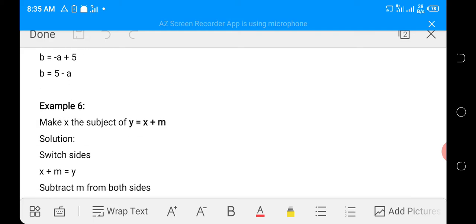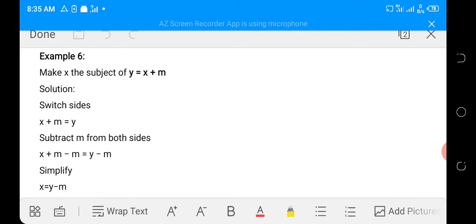Let's move to example 6. Make x the subject of y is equal to x plus m. The first thing is to switch sides. So we rewrite the formula in such a way that x plus m will be here, and y will be at the other side because we are targeting x. So x plus m is equal to y.